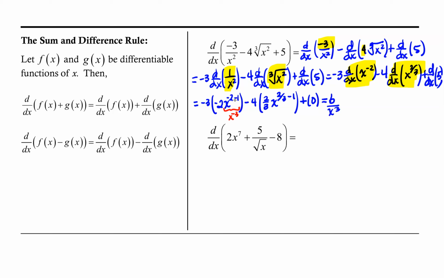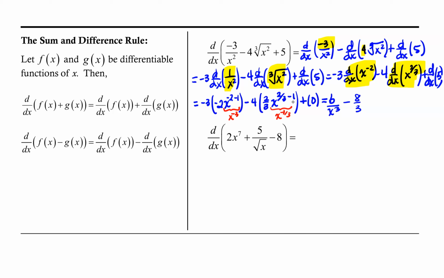Minus, and now we have 4 times 2/3. 4 times 2/3 is 8/3. So we have minus 8/3. And here we have x to the 2/3 power minus 1. 2/3 minus 1 is negative 1/3. So we have an x to the negative 1/3 power there.